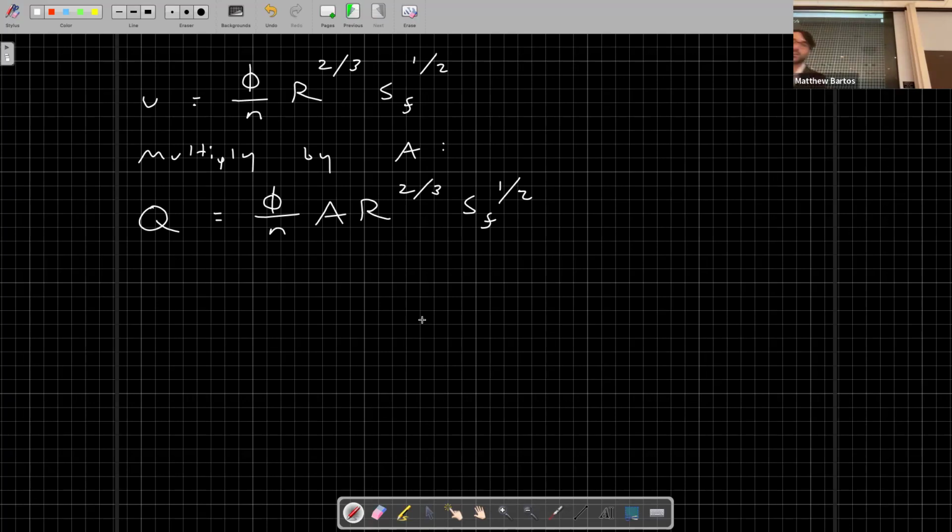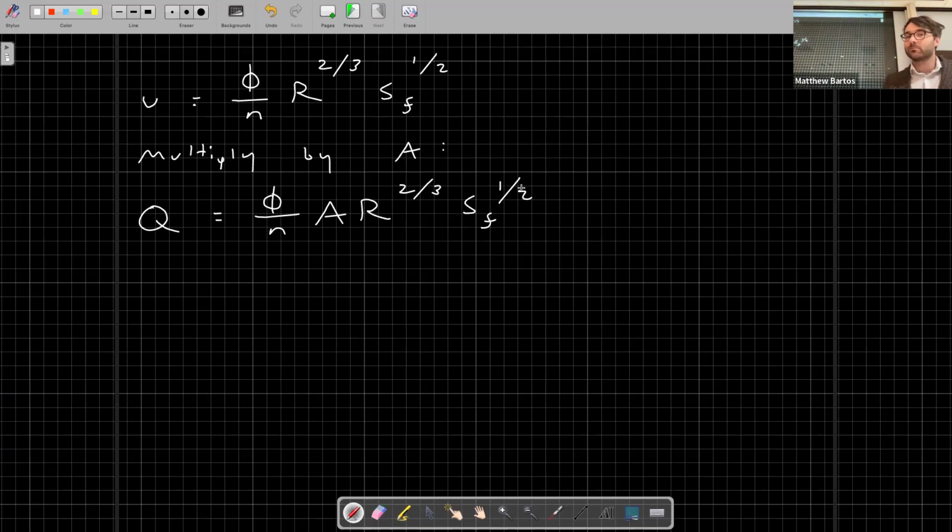So yeah, let's take a look at what quantities we might know. So let's say we're trying to predict the discharge. We know that this phi coefficient is either going to be 1 or 1.49, depending on our units. The roughness we can estimate from the material of the channel. The cross-sectional area we can measure. Hydraulic radius we can measure.